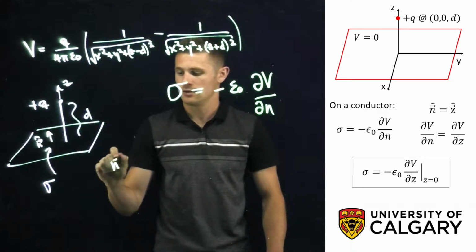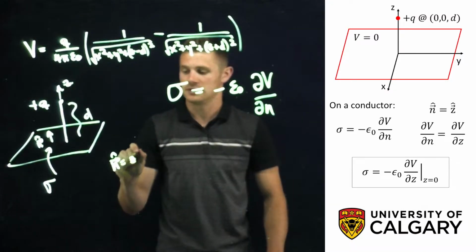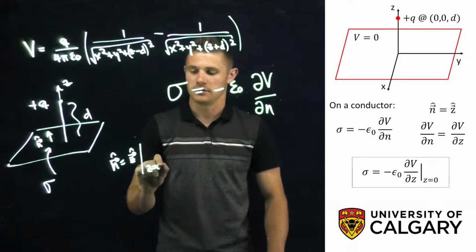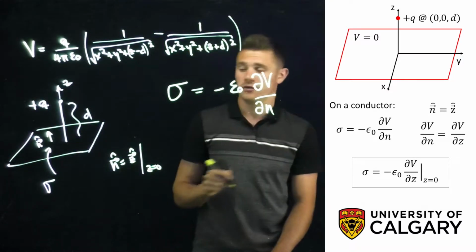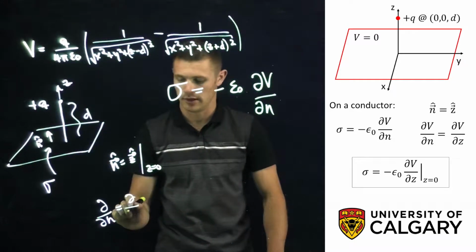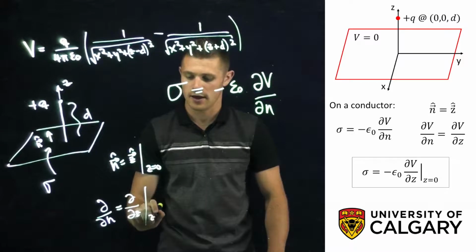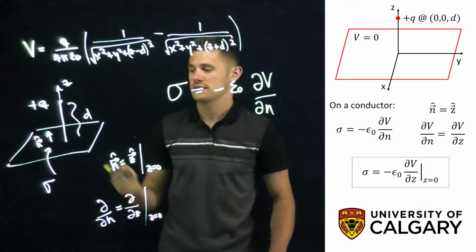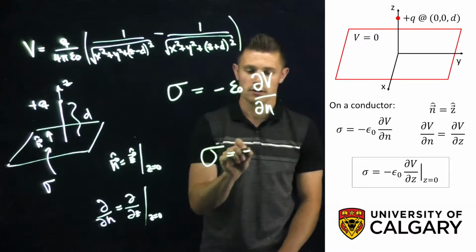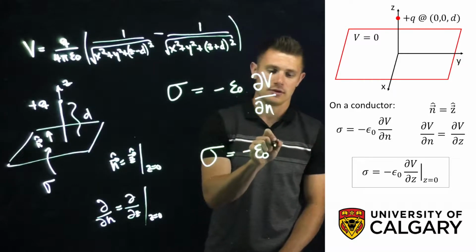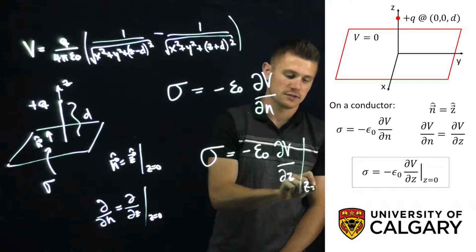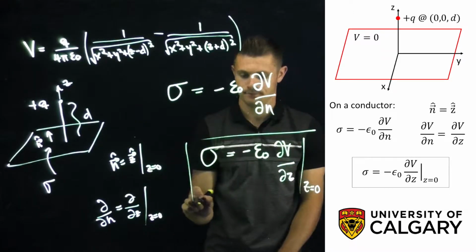Therefore, n hat is equal to z hat for this setup at z is equal to 0. And that means that our derivative d by dn is simply d by dz, again at the surface, which is at z is equal to 0. So sigma is equal to minus epsilon naught dV by dz at the surface z is equal to 0.